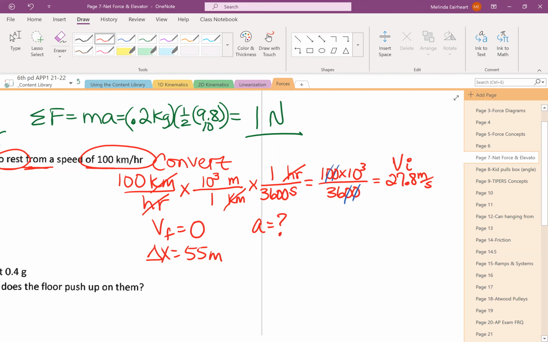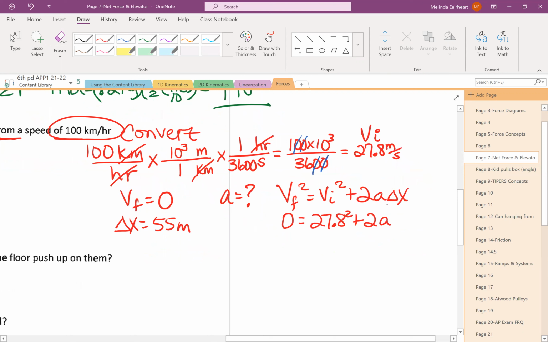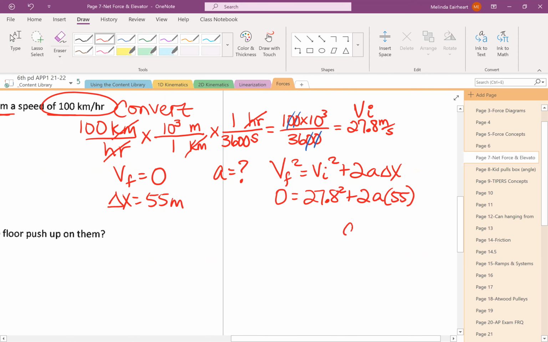Remember, notice we don't know time. So which equation doesn't need time? 3. We're going to use the third one. VF squared equals VI squared plus 2A delta X. We're coming to a rest, so 0 equals that 27.8 squared plus 2 times A times 55.